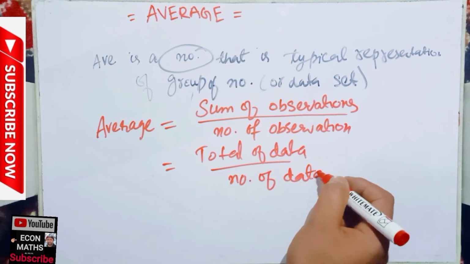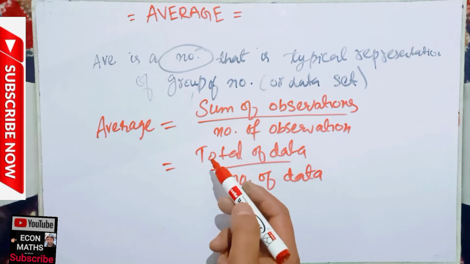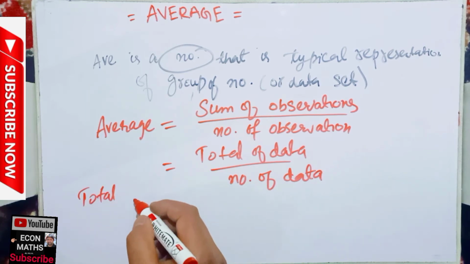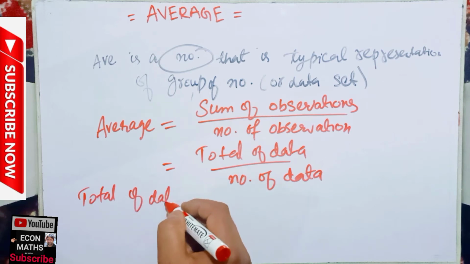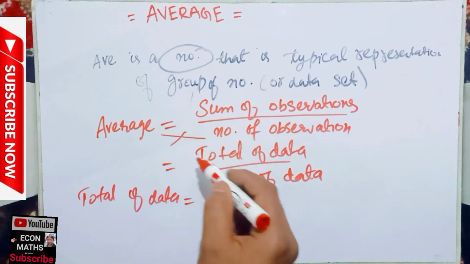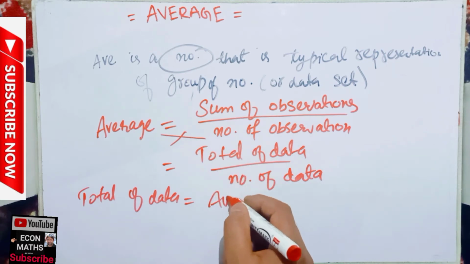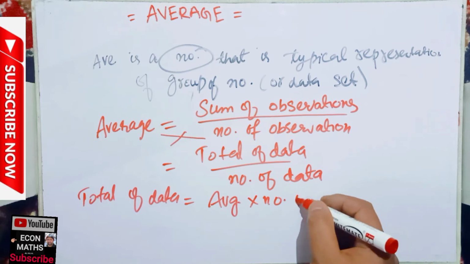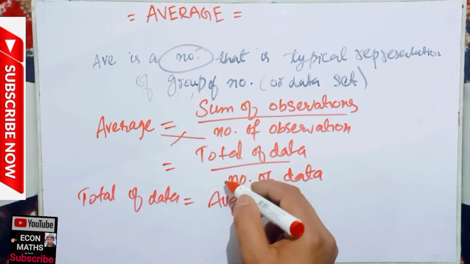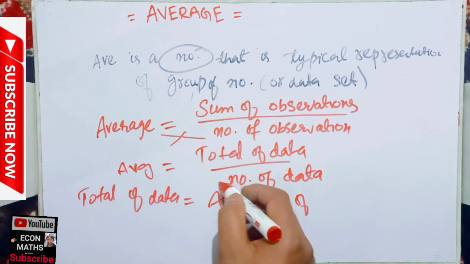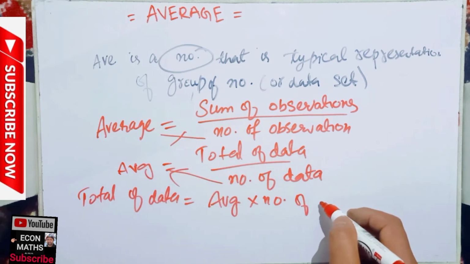Now here we can see the relation. Total of data is equal to average times number of data.